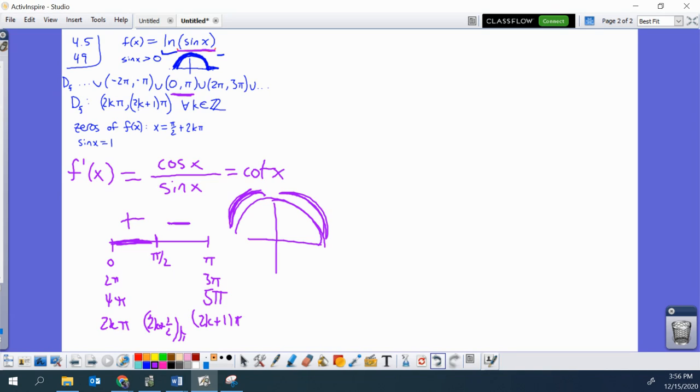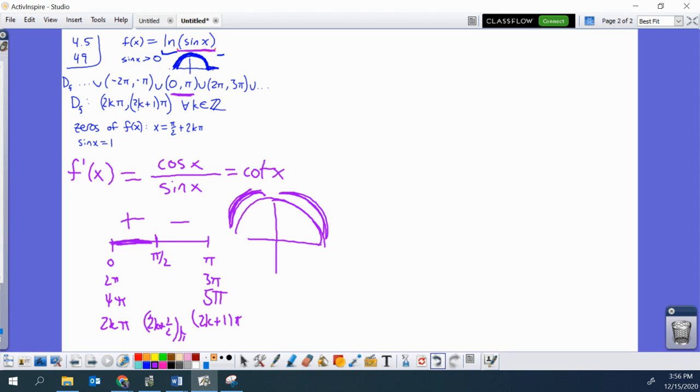What that means is, since f prime is positive on the first half of each of these intervals of the domain here, and then negative for the second half, that means on each of those intervals f is going to be increasing and then decreasing.